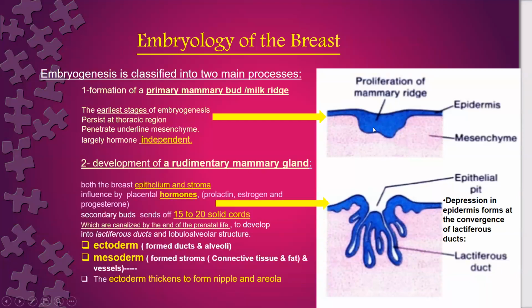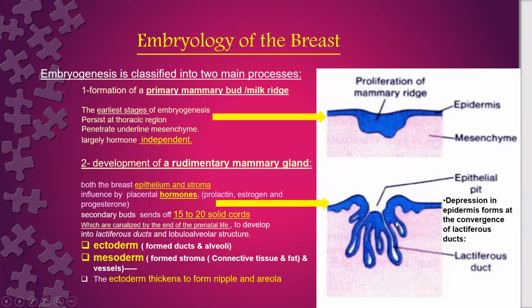Then, still in antenatal life, due to placental hormones, estrogen, progesterone, and prolactin, there is stimulation of the proliferation of both this ectodermal thickening as well as the underlying mesoderm.